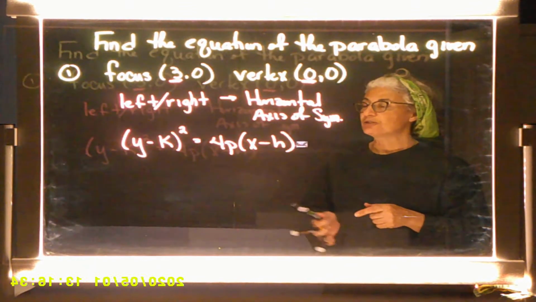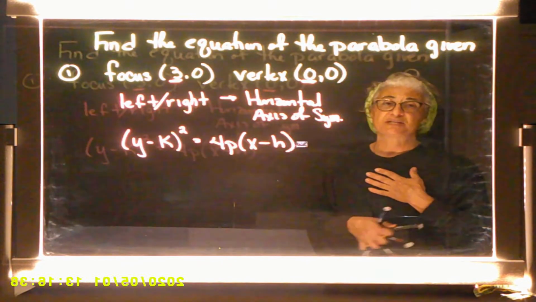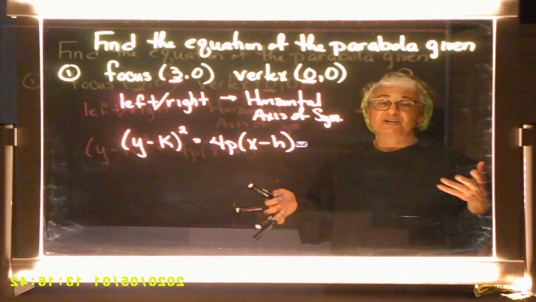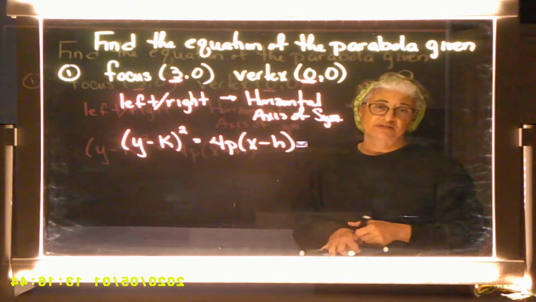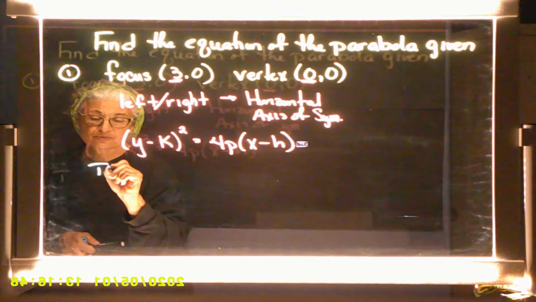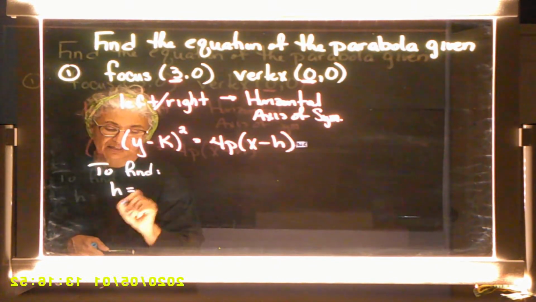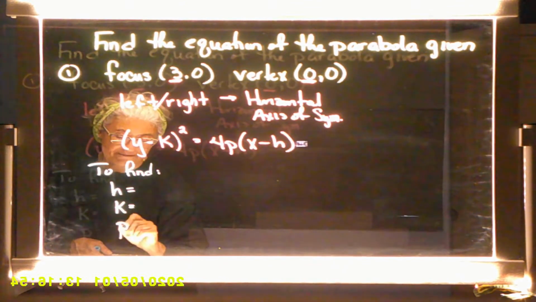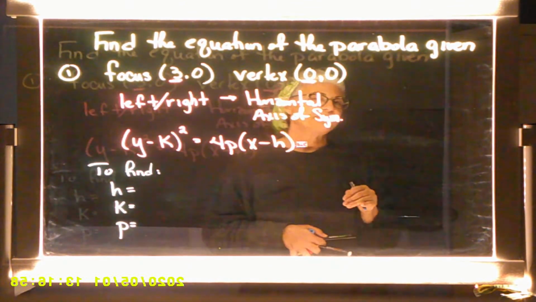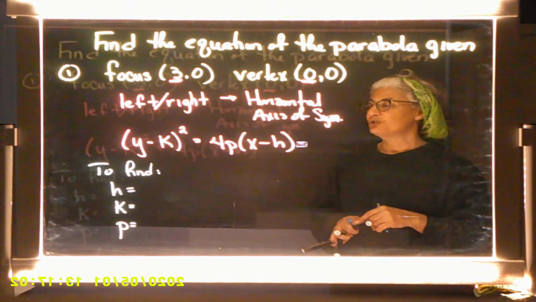Okay, so the equation we need to come up with needs to be in that format. So we need to fill in the blanks. We need to find our puzzle pieces to fill this in correctly. What we need to find is h, k, and that value for p. Because once I have those three, I've got all the pieces to my puzzle and I can find the exact equation.